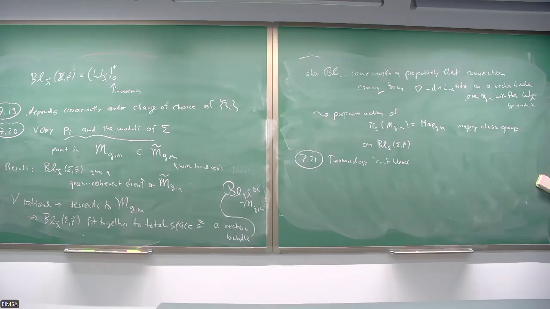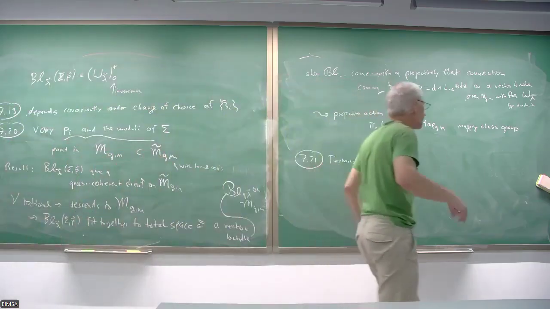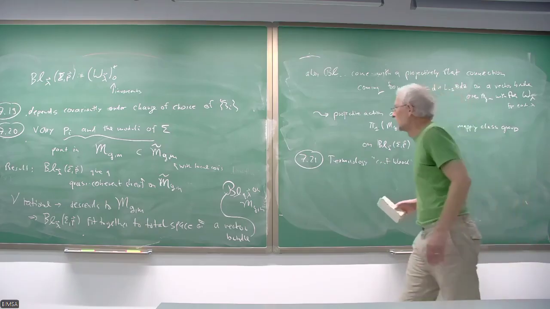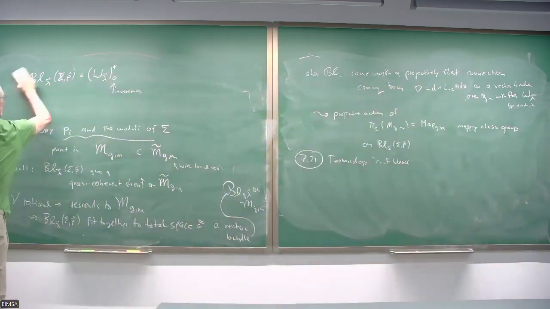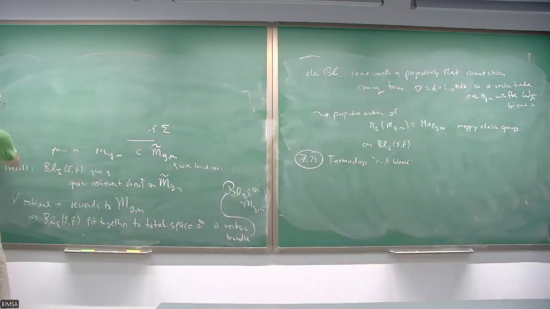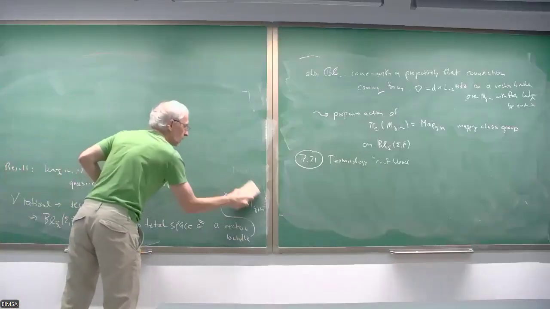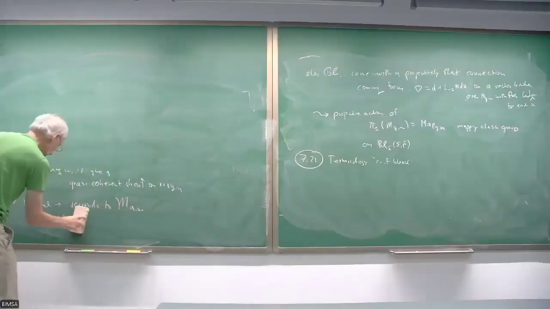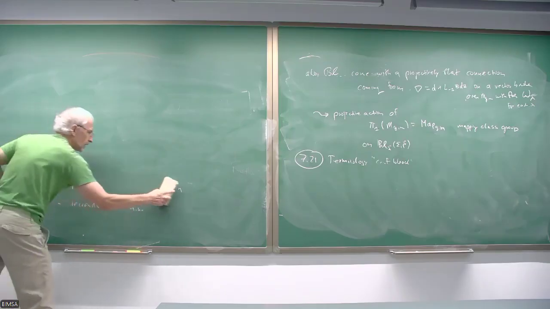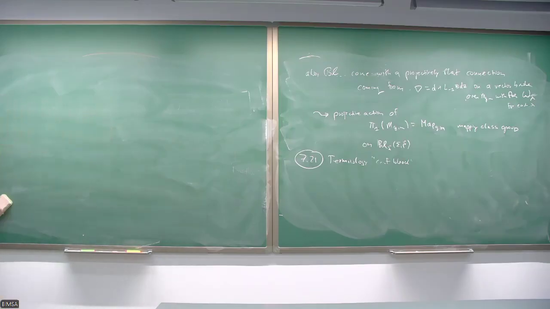In addition to this, and I will be very short with this now. Again, in the rational case and to some extent beyond, but I'm not at all informed about that, one actually not only deals with vector bundles on M_{g,n}.